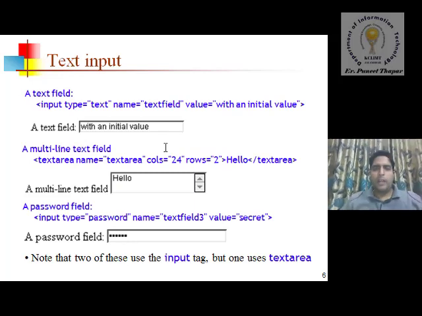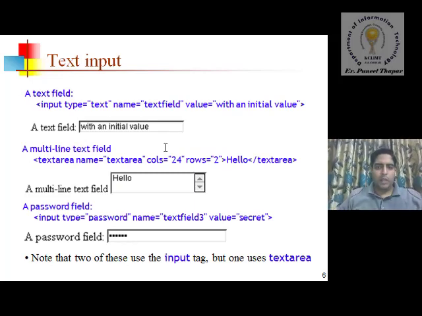Our first input element is the text input element. To enter text, you can simply create a text field with the help of the input tag. We can simply write type equals text to define a text box. You can see the example here. The output is like this.